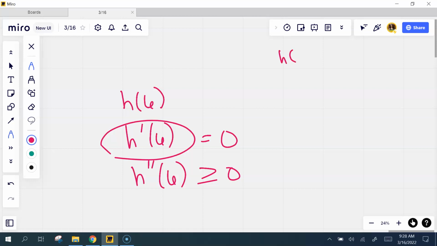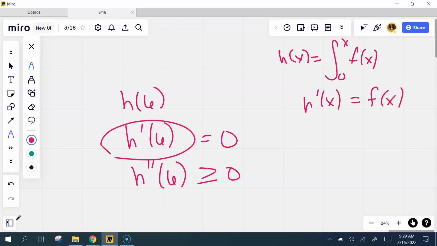It says h of x is equal to the integral of f of x, which means the derivative of this is the graph that I'm looking at. So now if I go backwards and integrate, I'm talking about area, it's under the x-axis. Under the x-axis would be a negative value for the integral.